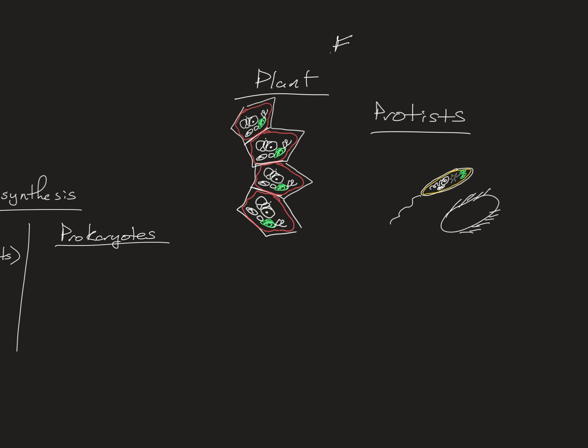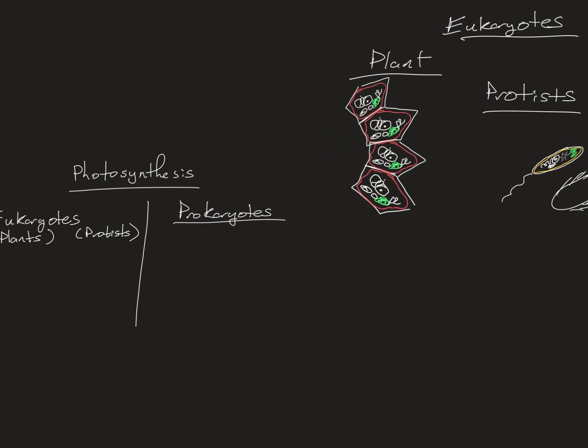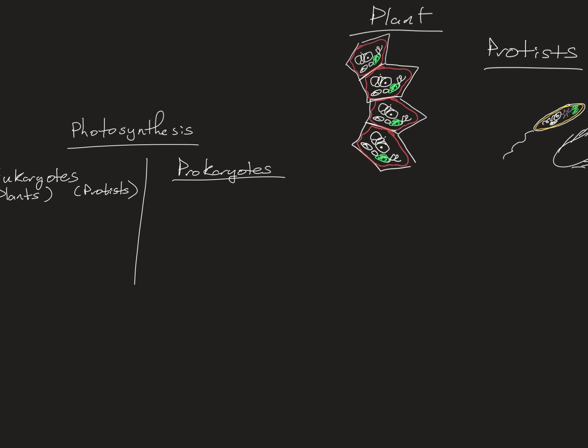They all have nuclei. The only ones that don't are prokaryotes. The only ones that don't have a nucleus and don't have organelles are bacteria and archaebacteria. They're both basically bacteria.